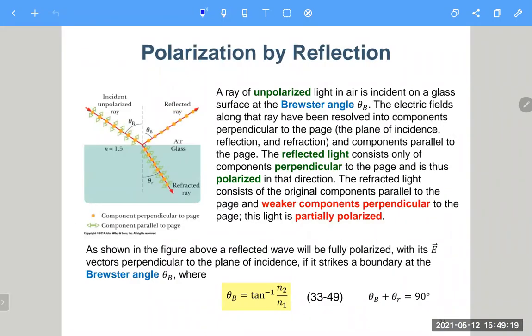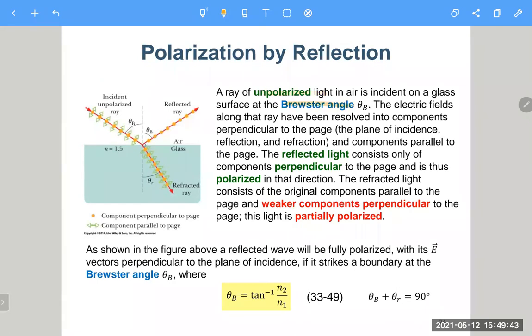Okay, here we also talk about polarization by refraction. This topic probably won't be covered in high school physics. Here it says a ray of unpolarized light in the air is incident on the glass surface at the Brewster angle.